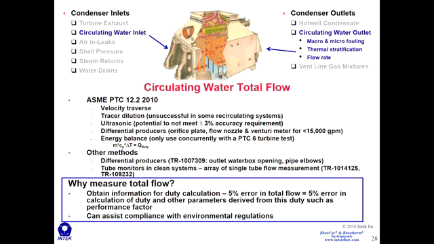Circulating water total flow. These are the guidelines. Again, we'll talk about some good ways to make this measurement, I think in tomorrow's presentation. But ASME Performance Test Codes 12.2 recommend velocity traverse. That's a good one if you have access to a straight run of piping, like on a cooling tower. They also recommend tracer dilution.